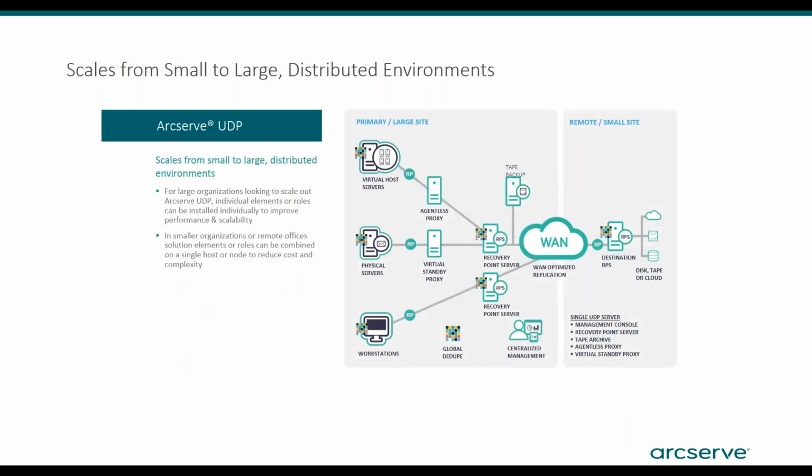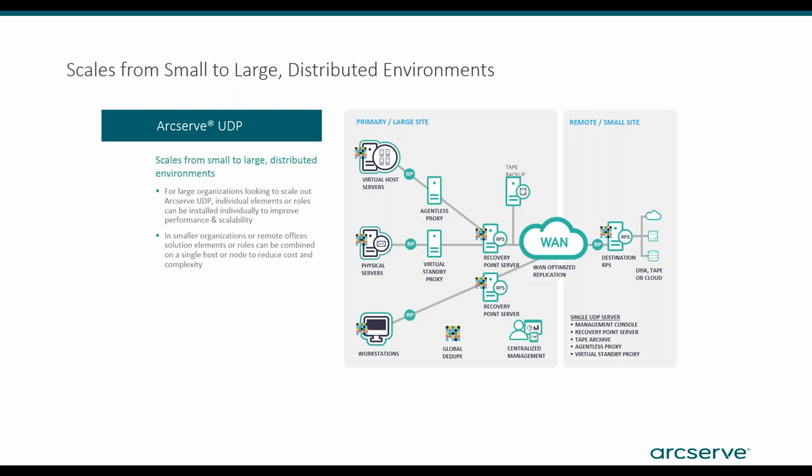I spoke a little bit about our ability to scale, and that's one thing that this product does exceptionally well. We could blow this up into more sites, more locations, cloud locations. It really wouldn't matter as far as our product goes. When you have a primary site, you would have what we call a recovery point server, typically, or an appliance at that location. That's the central, if you will, backup server.